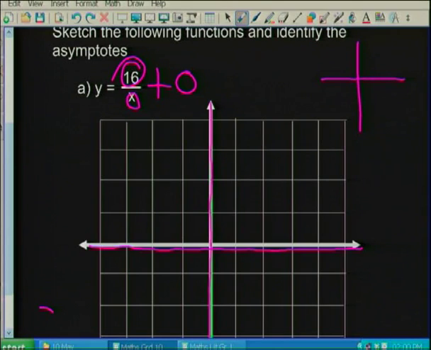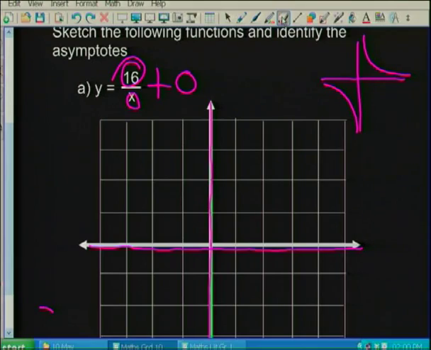Then I need to look at my value of a. 16 is a positive number, so therefore I know that my hyperbola will lie in the first and in the third quadrant. Now, that is the basics that I'm expecting.